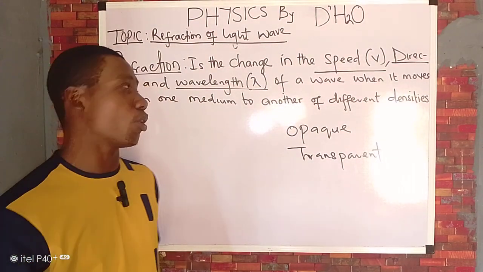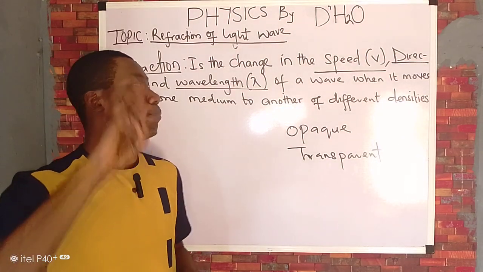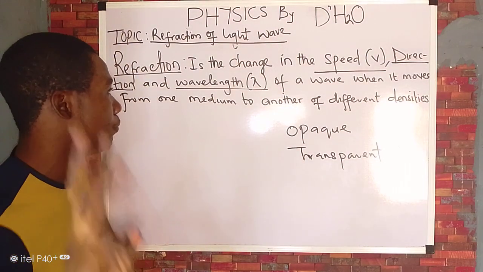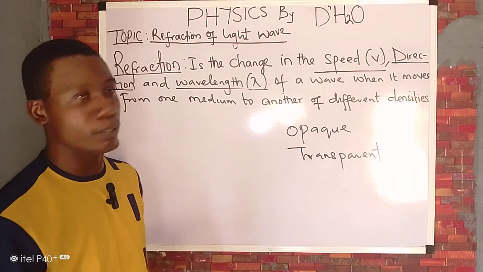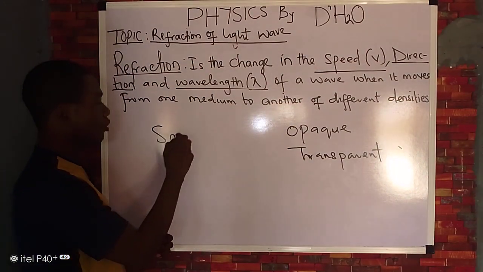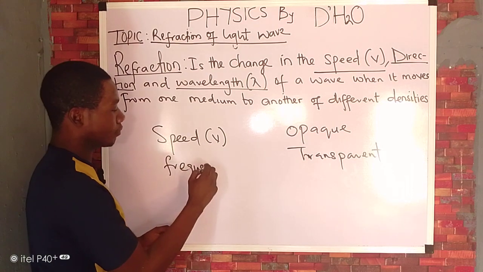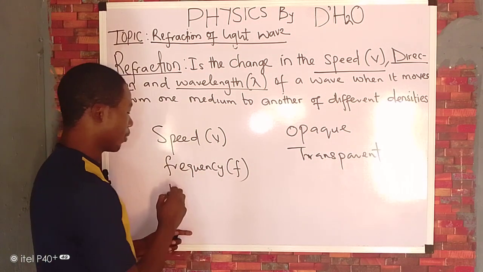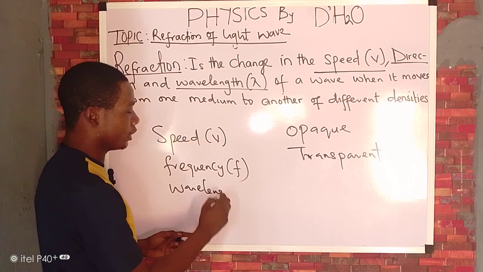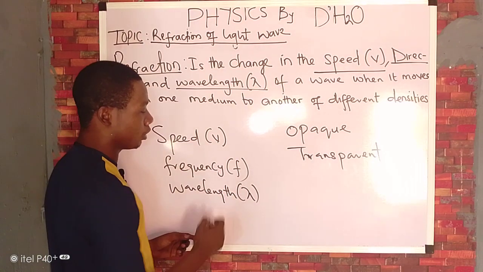And I want you to know something, that there are three major parameters of wave, three major variables of wave. And what are the variables? We have speed, which is V, we have frequency, which is F, and we have wavelength, which is denoted as a symbol called lambda.